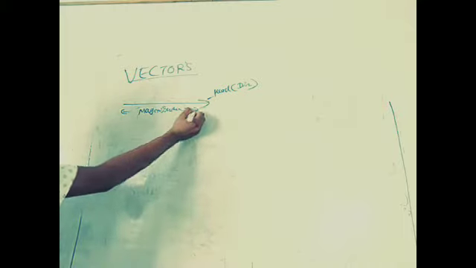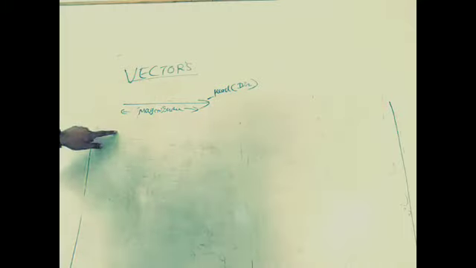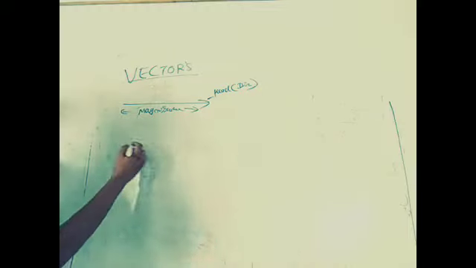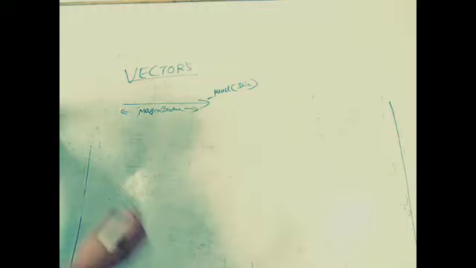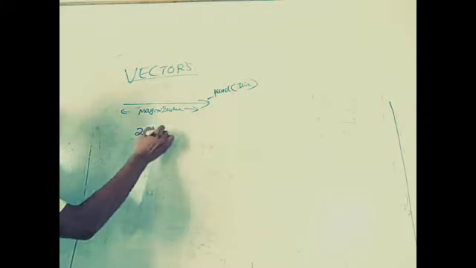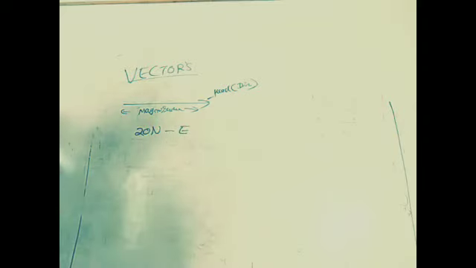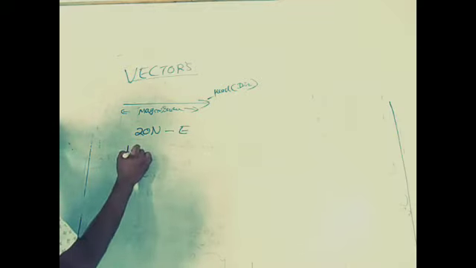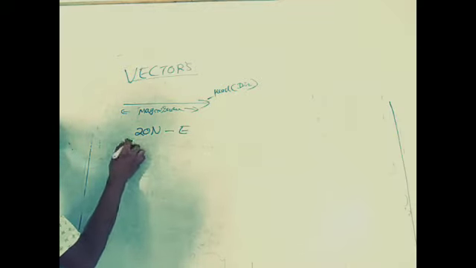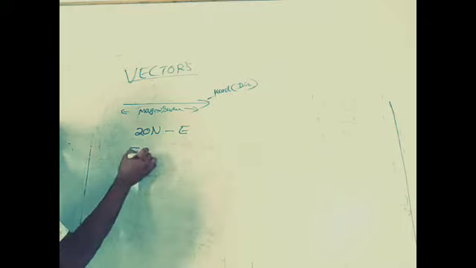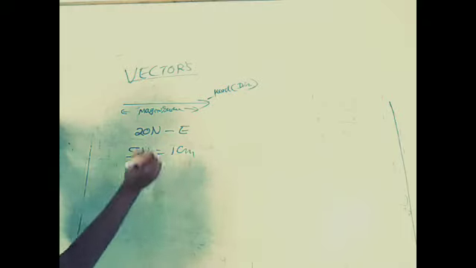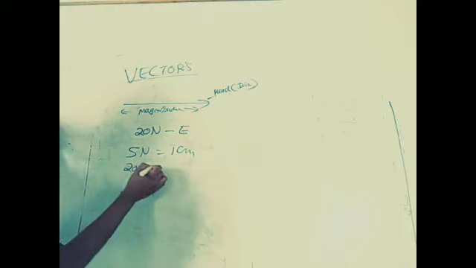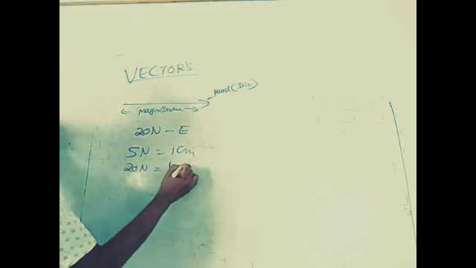Suppose you want to draw a force of 20 Newton in this direction. Then consider, you can say 5 Newton is equal to 1 centimeter, then 20 Newton will be equal to 4 centimeter.